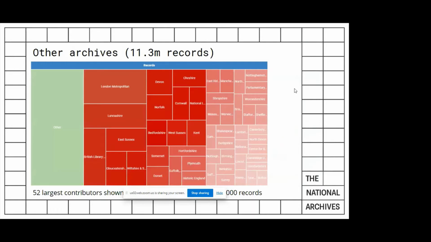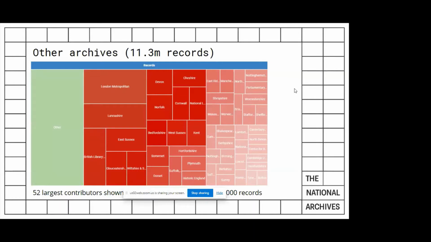But there's also over 11 million records from archives across the UK. So whether it's large regional county archives, Lancashire, East Sussex, Kent, Bedfordshire, that sort of thing, or other kinds of cultural institutions, so Historic England, the British Library, or smaller community archives.